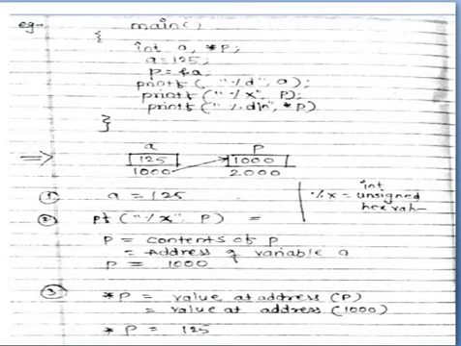See, int a is an ordinary variable and star p is a pointer variable which contains the address of an integer. Because the data type of the pointer variable is integer, it always contains the address of an integer value. a contains 125 as a value. p is a pointer variable which contains the address of a, which is given in the program.